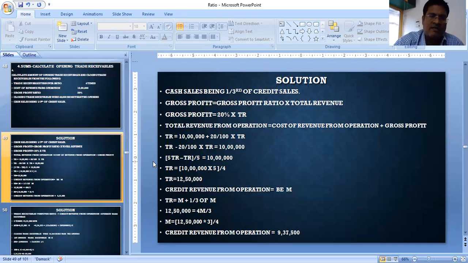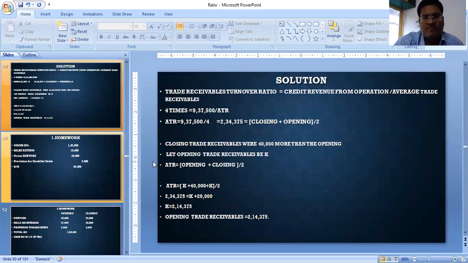Now the next part. Trade receivable turnover ratio was given as 4 times. So 9,37,500, the credit revenue from operation, divided by average trade receivables gives 4. So average trade receivables we got 2,34,375, which is opening plus closing divided by 2. Closing trade receivables were 40,000 more than the opening.